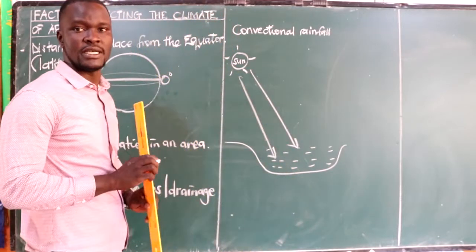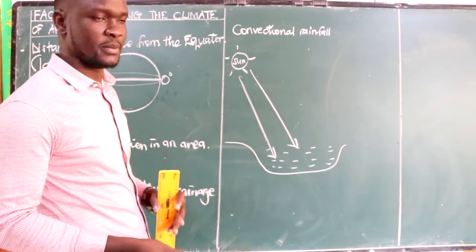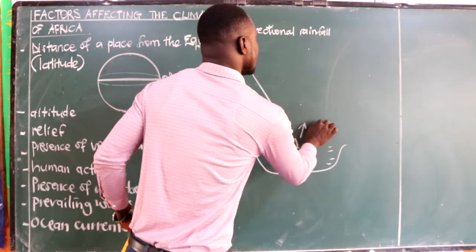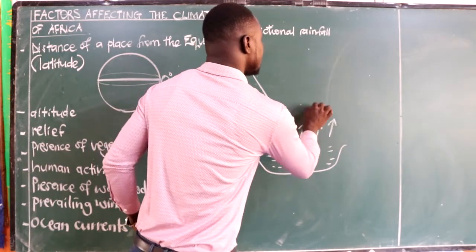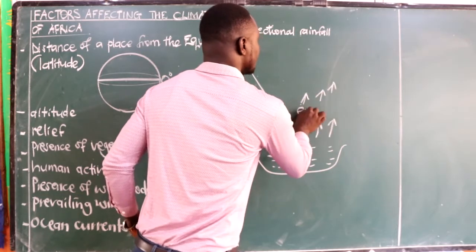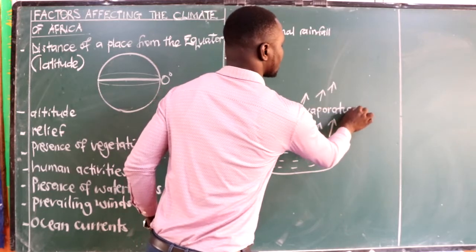So what happens here is we are going to have evaporation process taking place. Evaporation, remember, is that process by which this water escapes into the atmosphere in the form of vapor. This process is the one we term as evaporation.